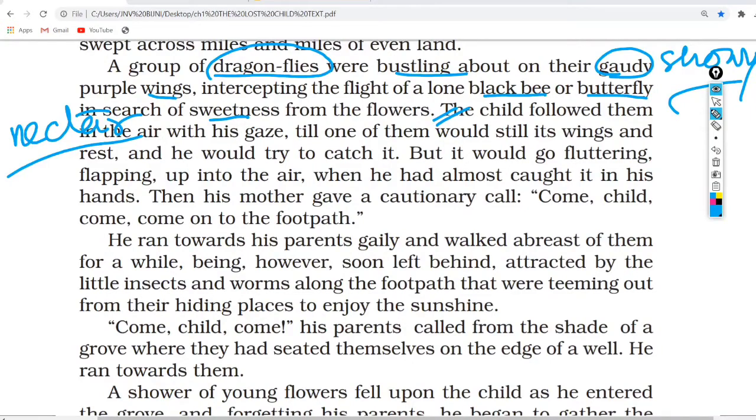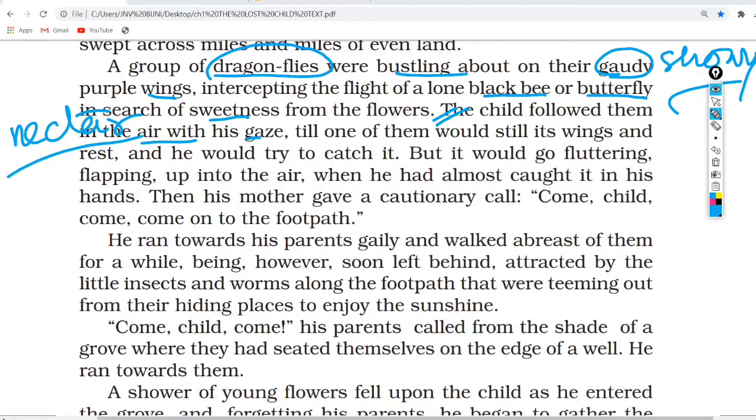So, such is the case here. The child followed them into the air with his gaze. Means he was constantly looking at the butterfly because he wanted to catch it, and his aim was very much fixed. So when he was pursuing, going after it, sometimes the butterfly tried to take a rest, and he would try to catch it.